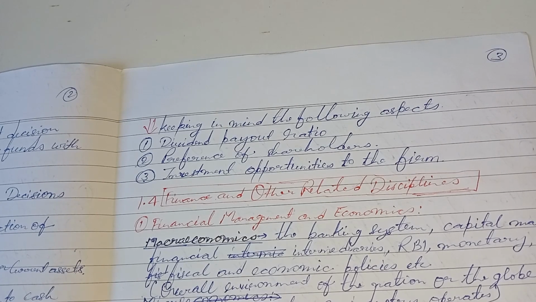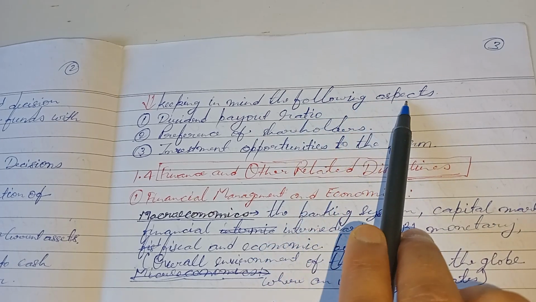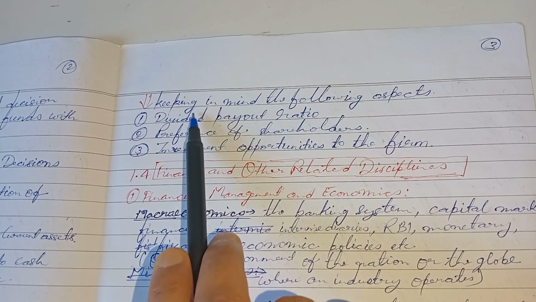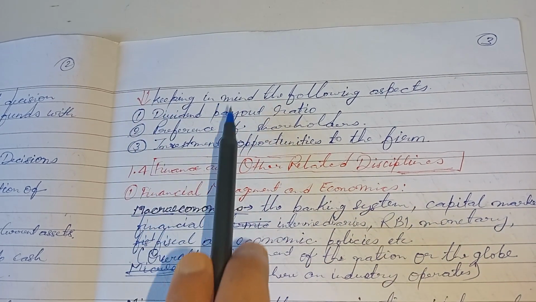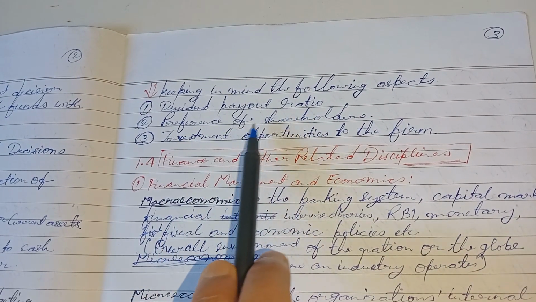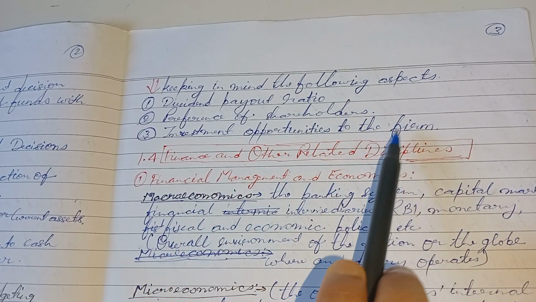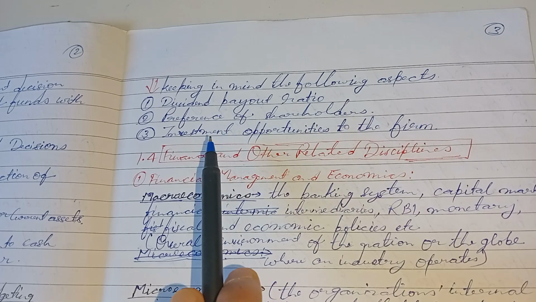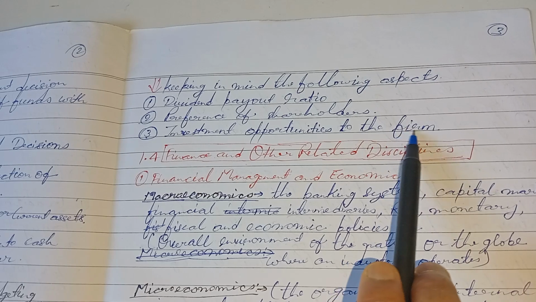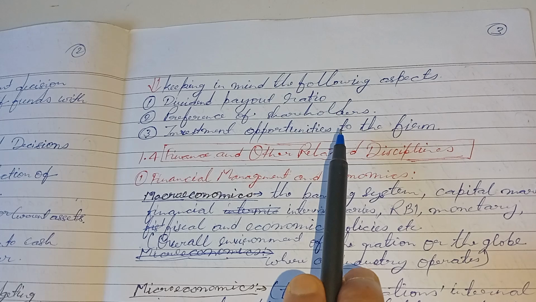Now, keeping in mind the following aspects. When we have to make dividend decisions or dividend policy, we have to keep these points in mind. Dividend payout ratio, preference of shareholders, and investment opportunities to the firm. What different investment opportunities are there for the firm, which will help the organization to grow?